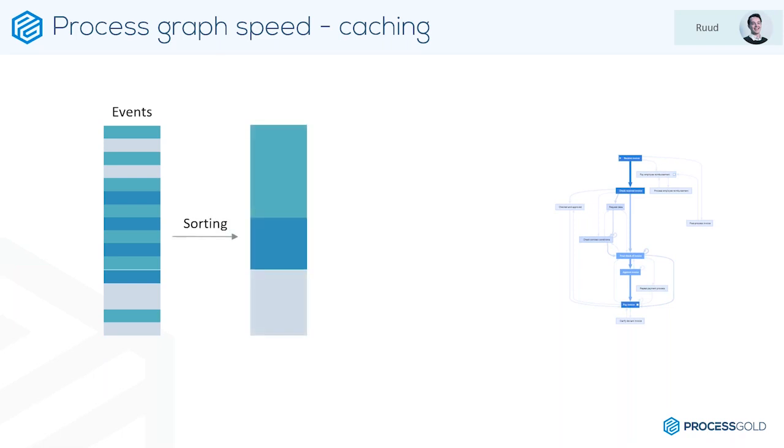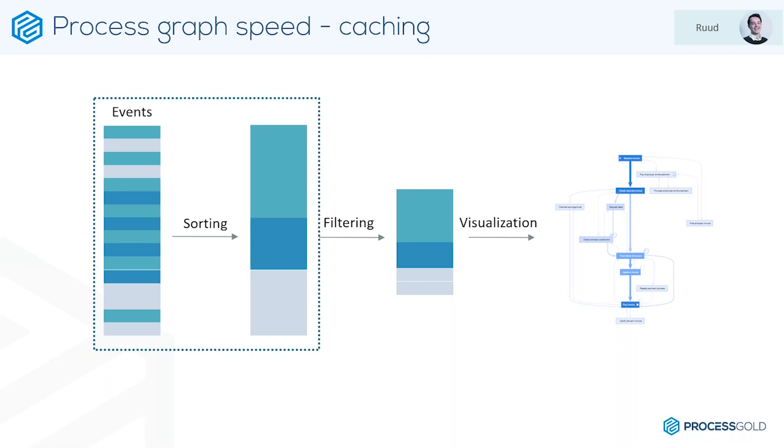We sort those, filter those before visualizing them. And what we actually did is we in ProcessGold 18 actually cache this sorting now. So when your end users are using your application, they no longer have to do any sorting on your data unless this is really necessary, which of course improves the speed of your application.